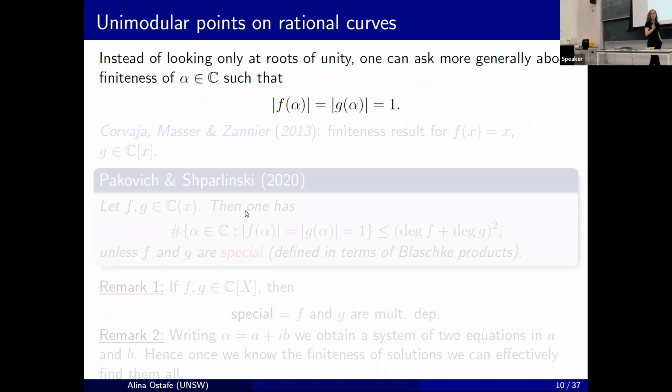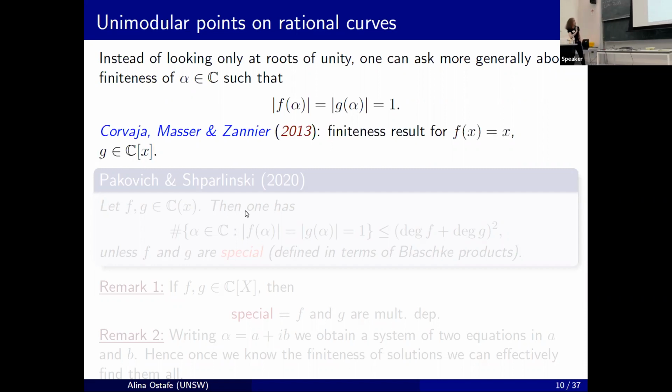One can also ask about points on the curve for which the coordinates are not necessarily roots of unity, but of absolute value 1. So they are on the unit circle. So we can ask about finiteness of complex numbers such that f of alpha and g of alpha are of absolute value 1.